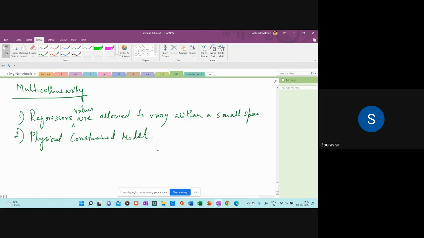Number two is misspecification of the model. Suppose you have a particular model where the covariates are x1, x2, x3, up to xp, but you feel that instead of the covariate x1, there is a high importance of the covariate x1 square.